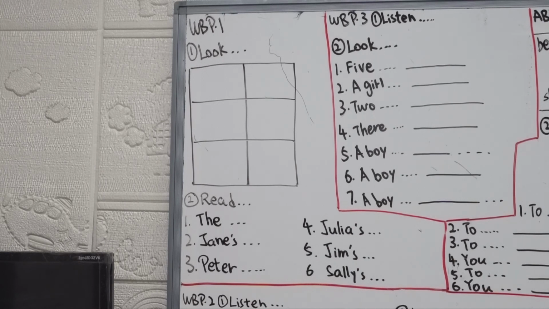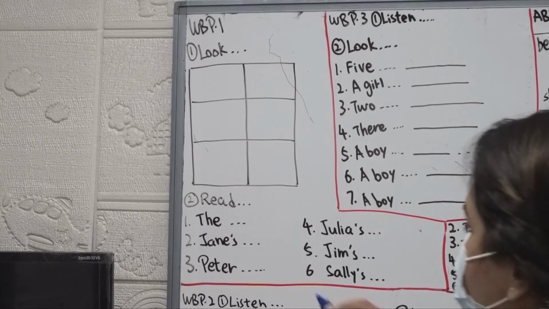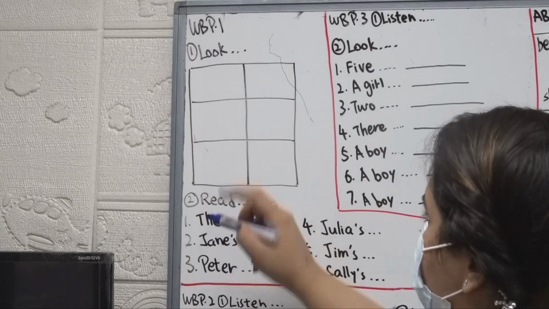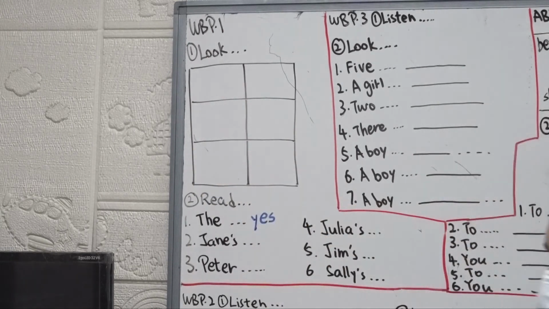The children are in the playground. Are the children in the playground? Yes. Which picture tells us that? Picture 1, it says, we hide in the playground and you come and find us. So number 1 is yes.